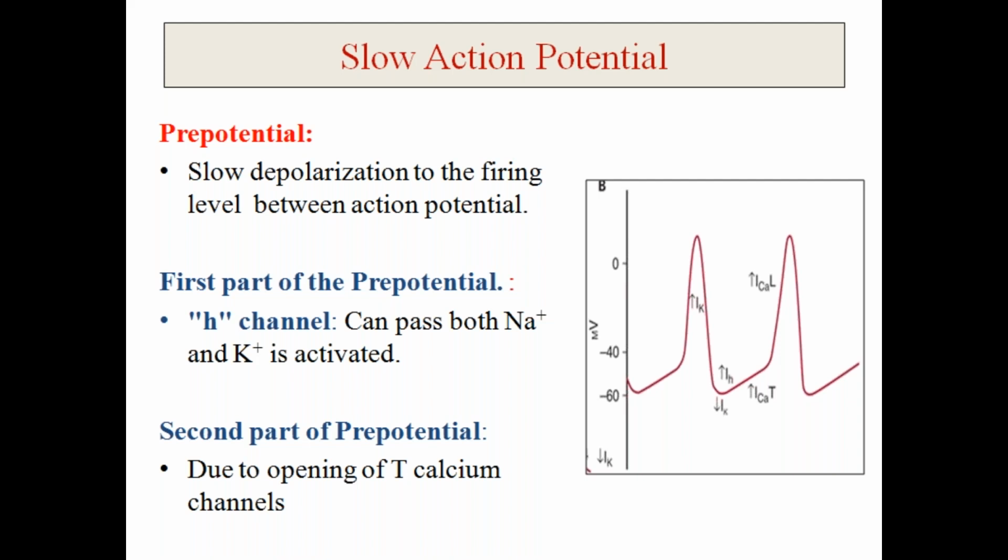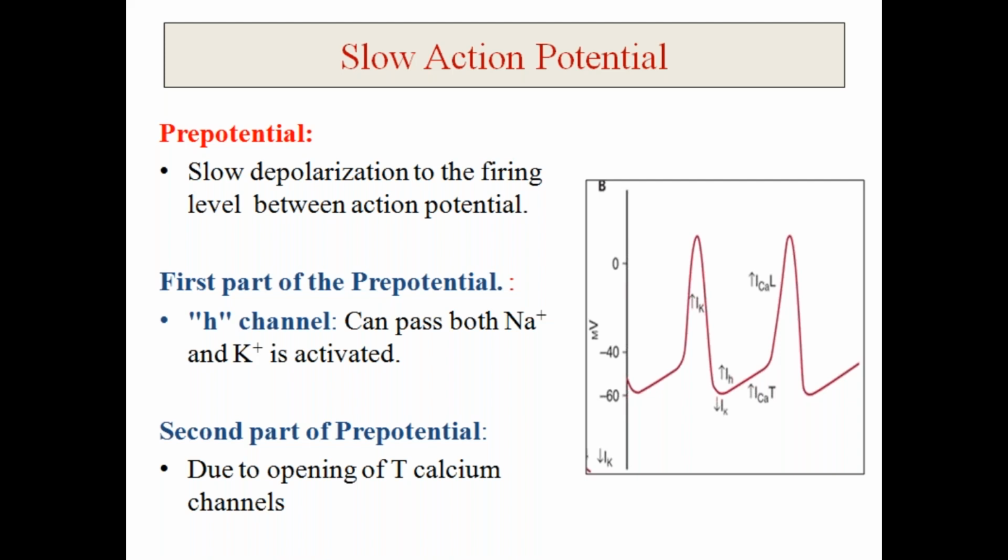It is also known as the funny channel, and because of opening of this H channel during the phase of hyperpolarization, what happens? There is an entry of sodium ions, and because of this, the membrane potential slowly drifts towards a more positive direction. And after some time, what happened?